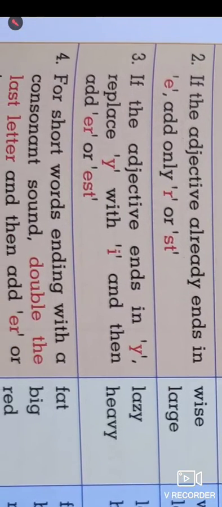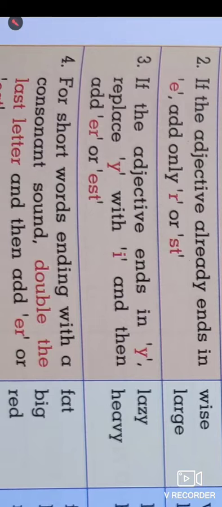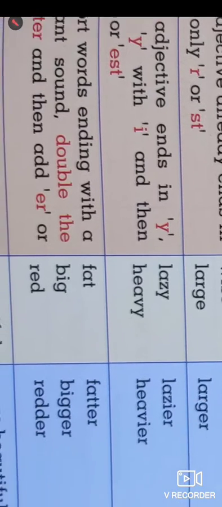Next, for adjectives that end in y, replace y with i and then add er or est, such as lazy and heavy.